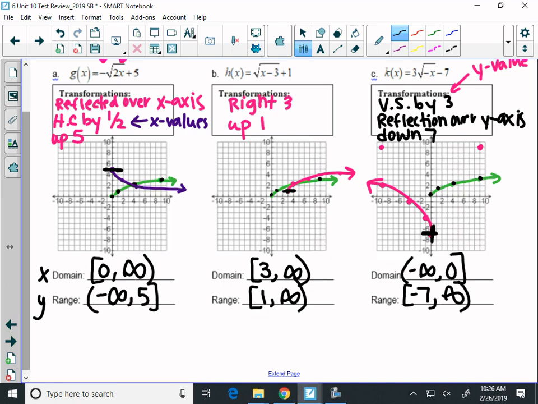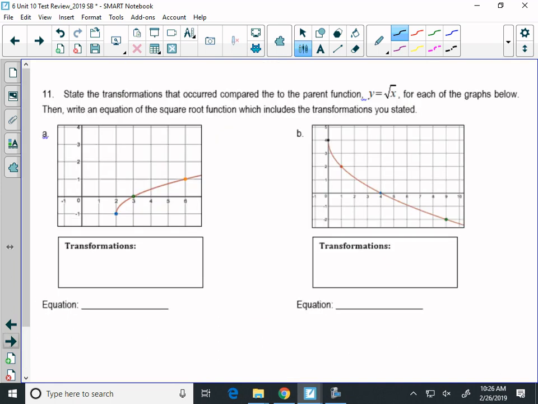All right, almost done. We now have to take the transformations from the pictures and write the equations. Okay, so again, it's just like the last problem. You need to graph the parent function for the square root here in order to see what the transformations are. That's definitely okay.